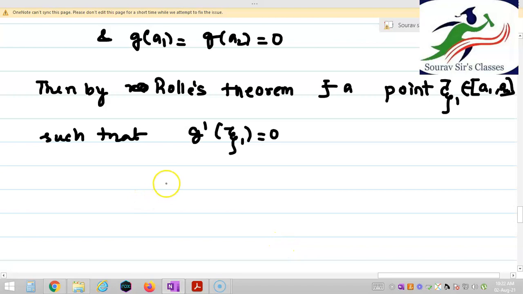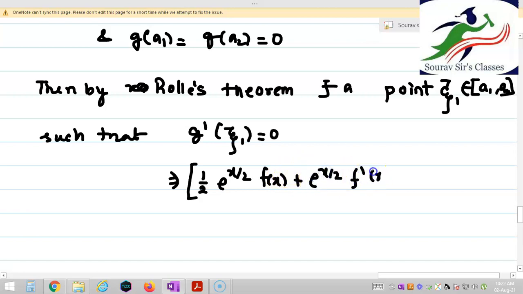So g dash is equal to derivative of e to the power x by 2, so half e to the power x by 2 into f(x) plus e to the power x by 2 into f dash x, at x is equal to xi1 is 0.